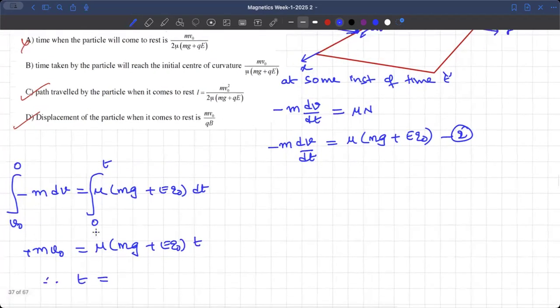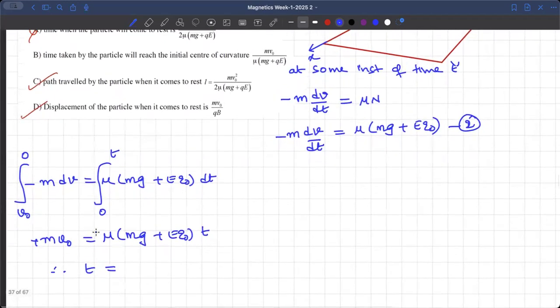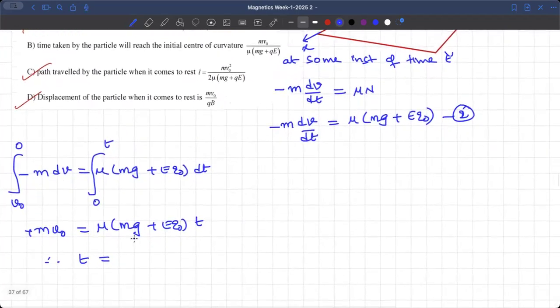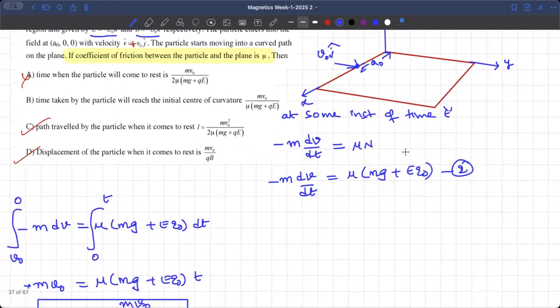The time taken will be mv naught by mu mg plus eq naught. Boys and girls, this is the first observation. I am repeating again: I didn't use any B bar term here because the B bar term will affect only the direction change.